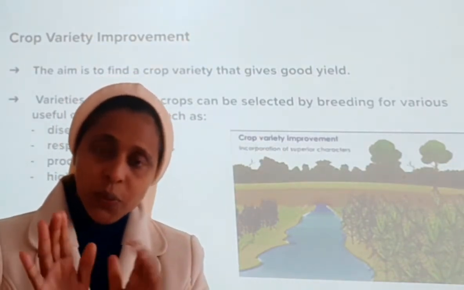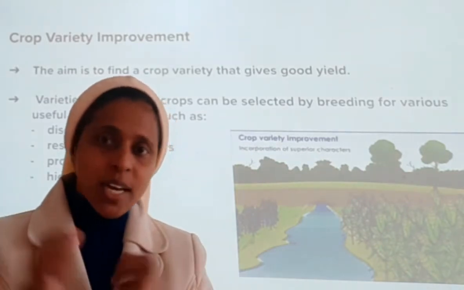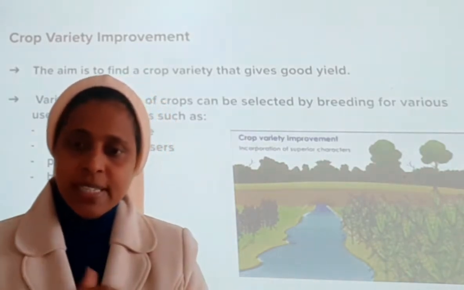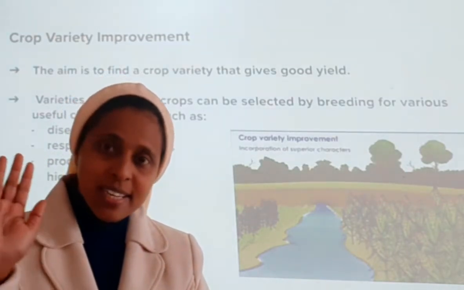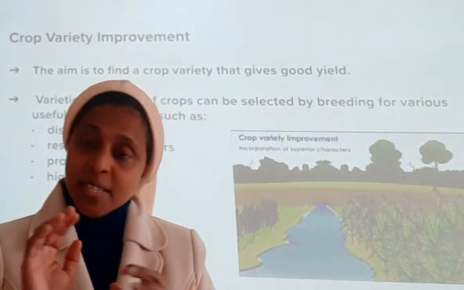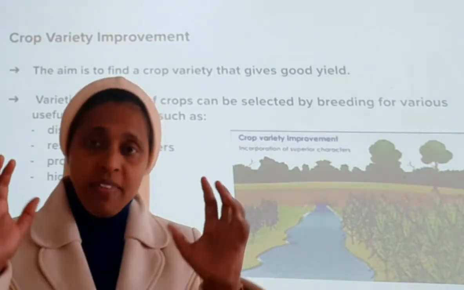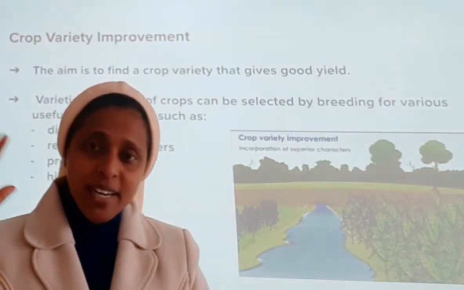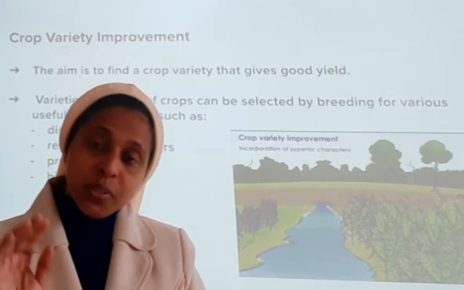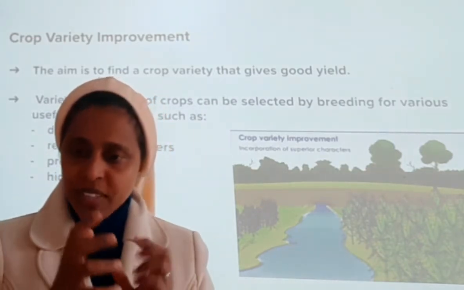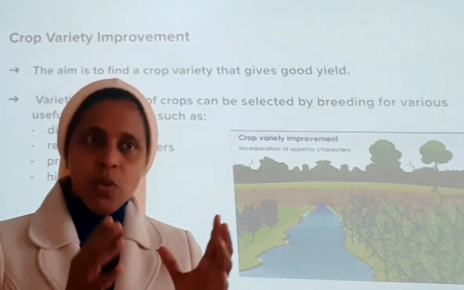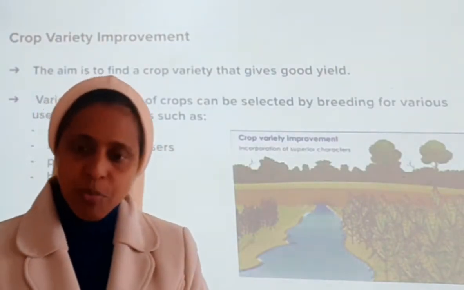As I have told you, plants are open to MOs, microorganisms, or insects. In simple words, the plant should be very strong and disease resistant, so diseases should not affect this plant. That type of varieties we have to select. That's what we will be looking for in the crop variety improvement.